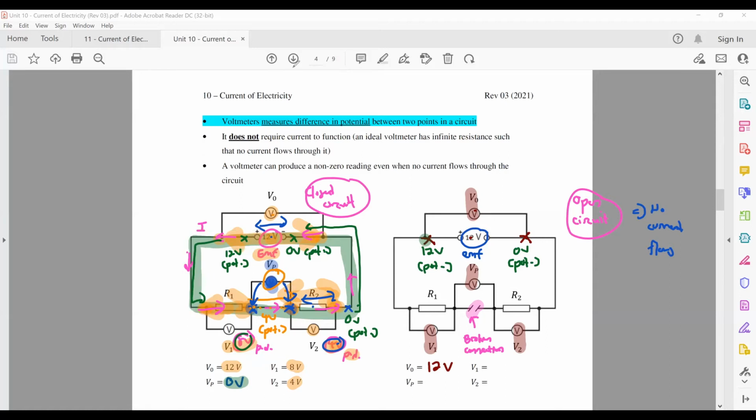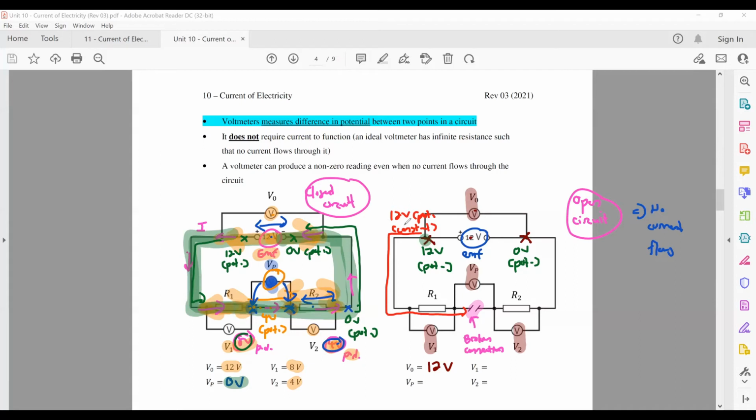Now, in your case here, your potential is constant also, all the way to here. Maybe I use red color to illustrate the point. This is where your 12 volt potential is constant.